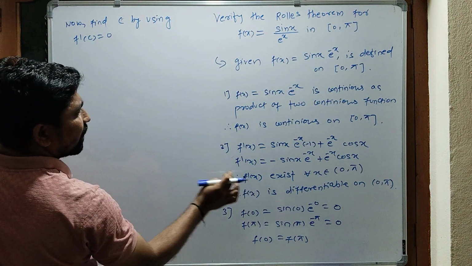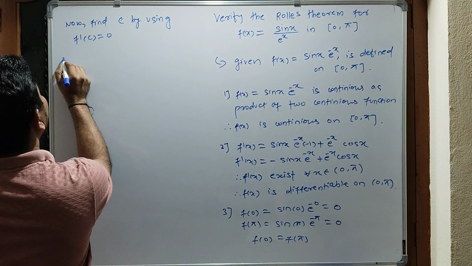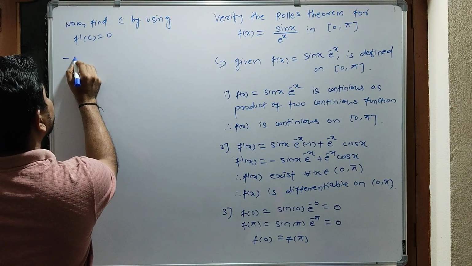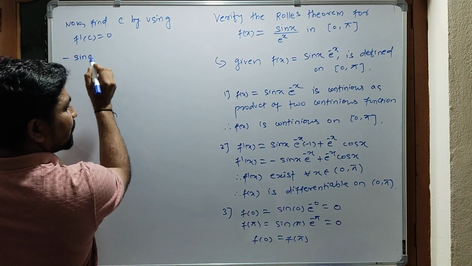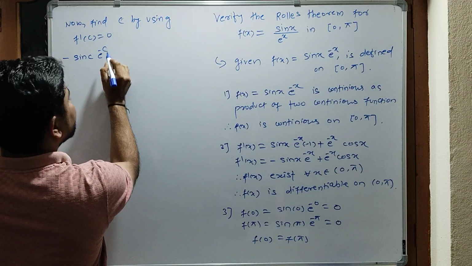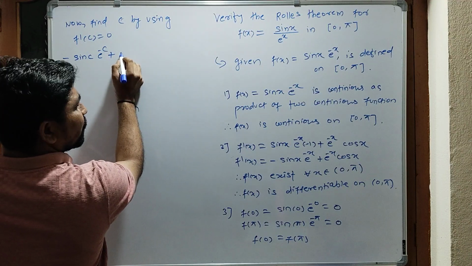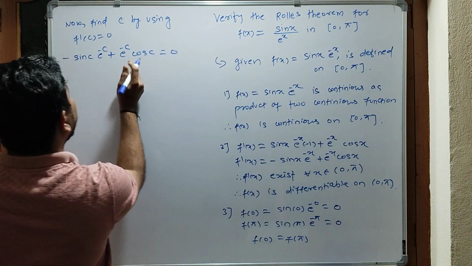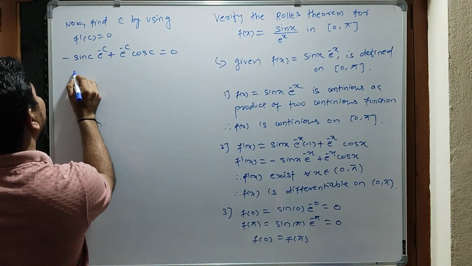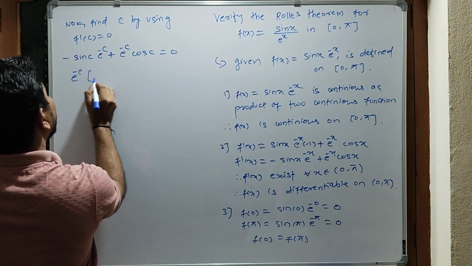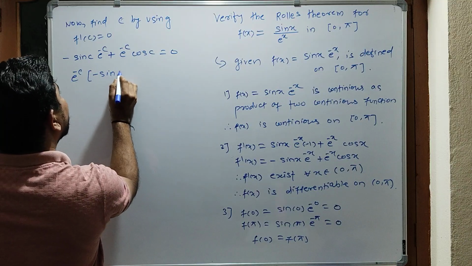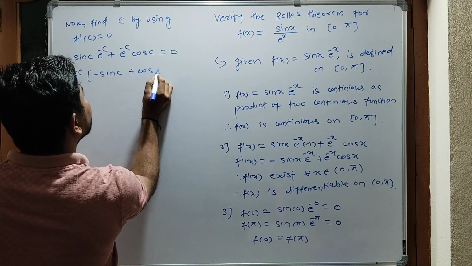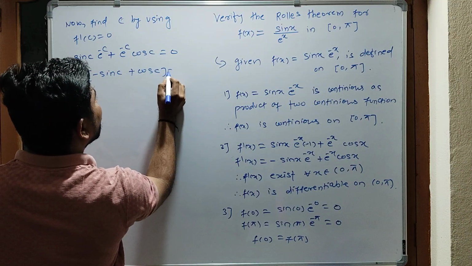Therefore, replace x by c: minus sin c e power minus c plus e power minus c cos c equal to 0. Take e power minus c common, so this is minus sin c plus cos c equal to 0.